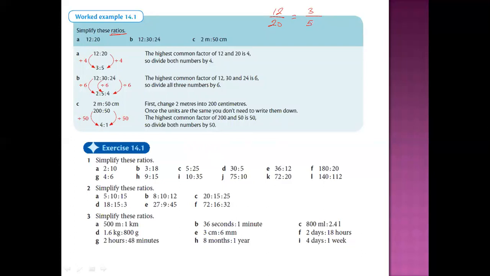Am I right? Yes. So the ratio of 12 to 20 is 3 to 5. If you want to write it in decimal form, it is 0.6. So in mathematical terms, 12 is 0.6 times 20.